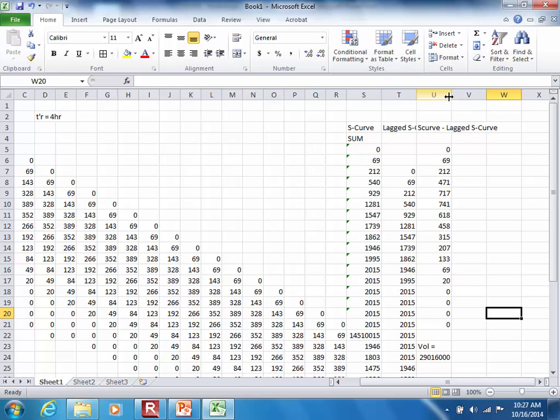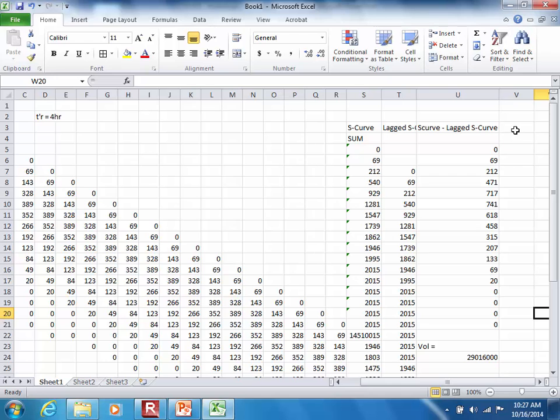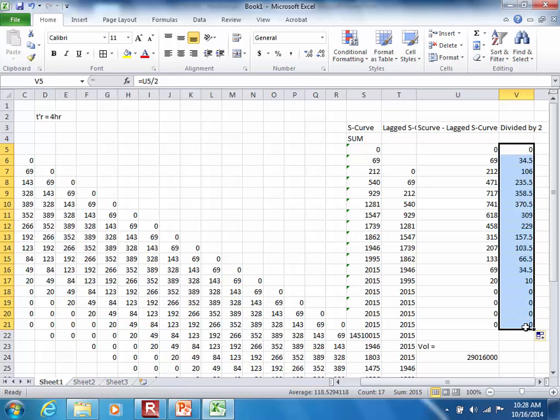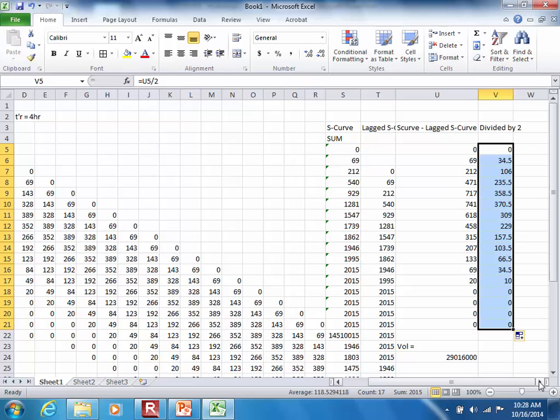And it won't always be 2. It's 2 because our T prime R is 4 hours and T sub R was 2 hours.